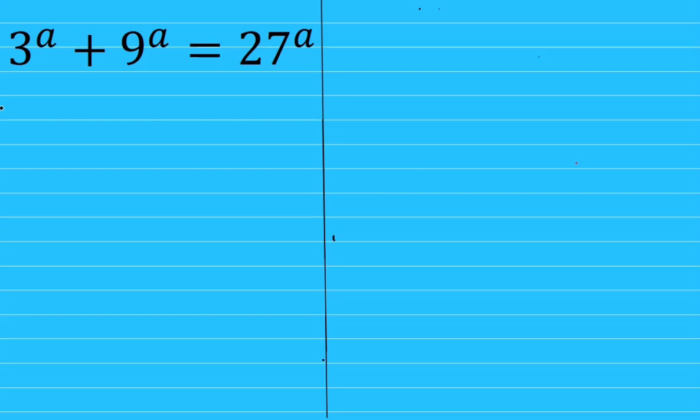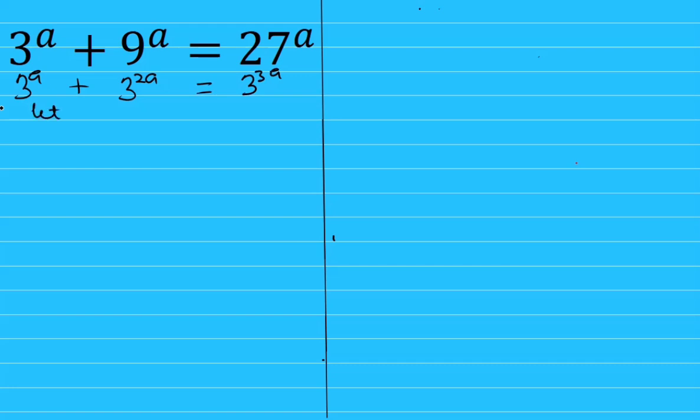First of all, let's write 3^a plus 3 squared. Remember, 9 is the same as 3 to the power 2, and 27 is equally 3 to the power 3, and then we attach our a.